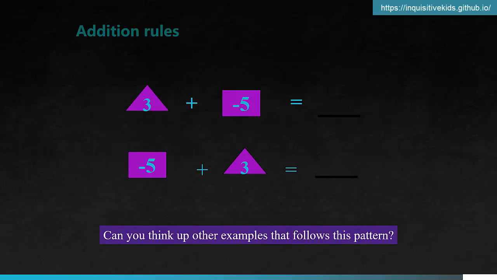What do you think? Here we have a set of numbers that is like the set that Hillel had. So we have 3 plus negative 5 is equal to negative 2, and negative 5 plus 3 is also equal to negative 2. Can you think of any other examples that follow this pattern?